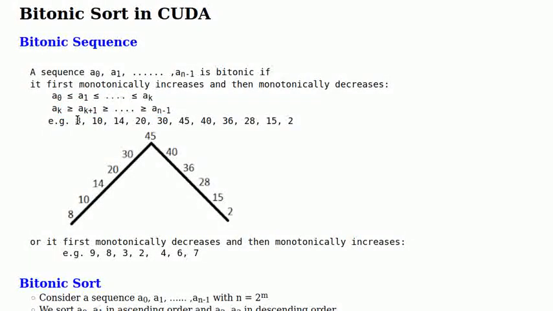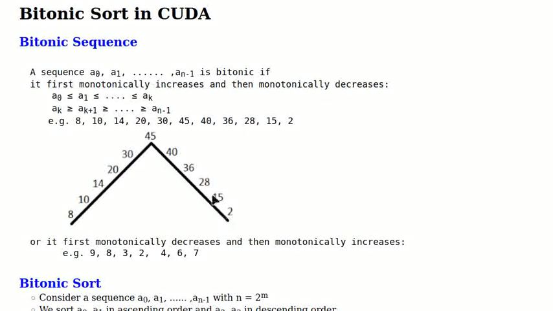For example, this sequence is a Bitonic sequence because the numbers first increase. We have 8, 10, 14, 20, 30, 45, increasing up to 45, and then the sequence decreases: 40, 36, 28, 15, 2.